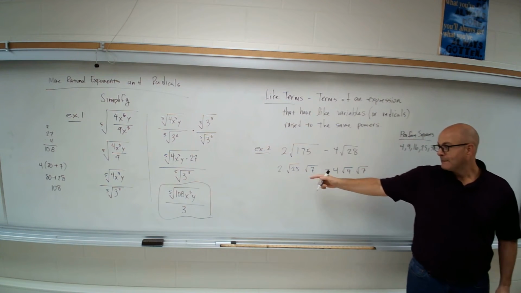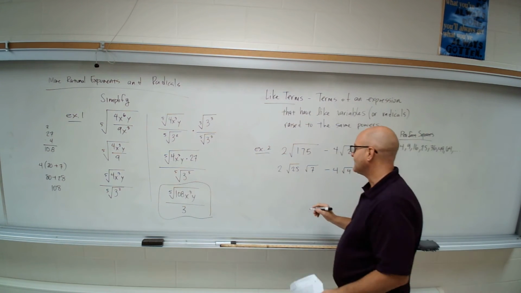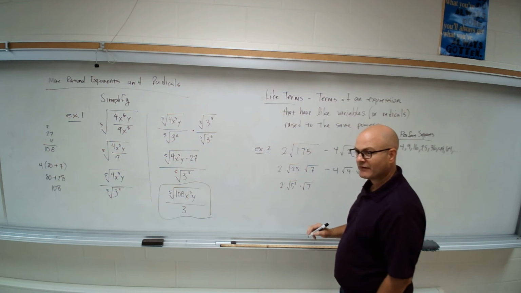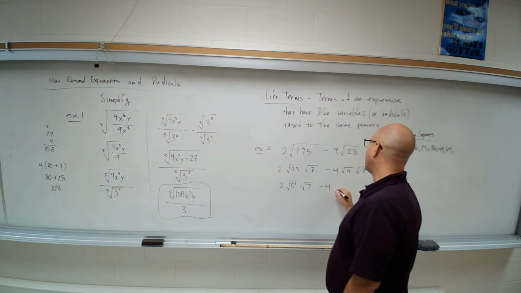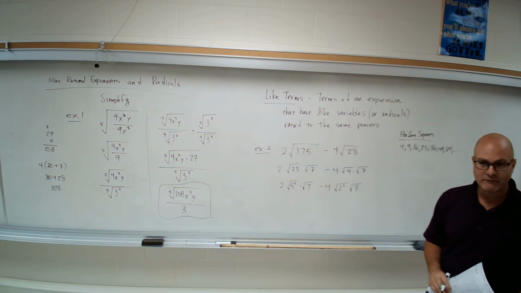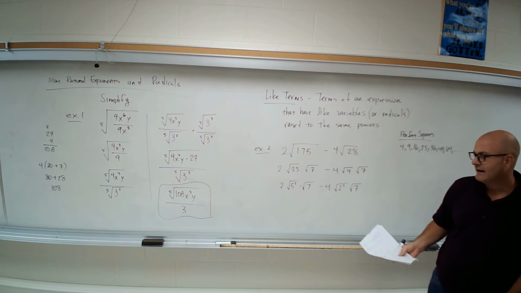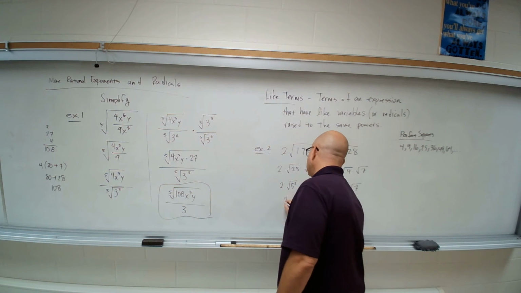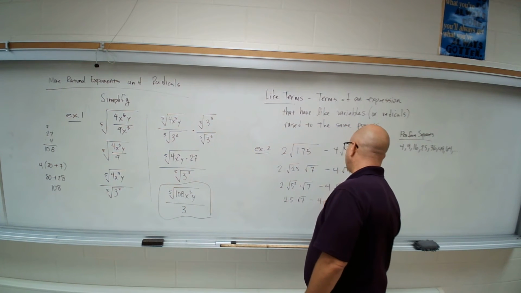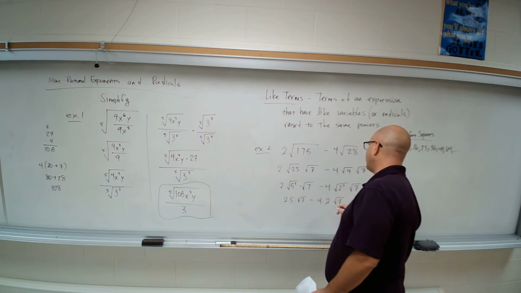Now, I don't think you need to see this step, but this is 2 times the square root of 5 squared times the square root of 7, and then 4 times the square root of 2 squared times the square root of 7. Just simplifying here. So 2 times 5 times the square root of 7, 4 times 2 times the square root of 7.